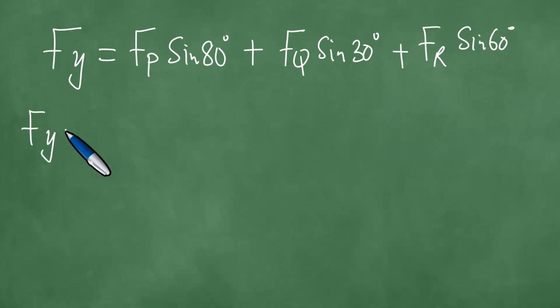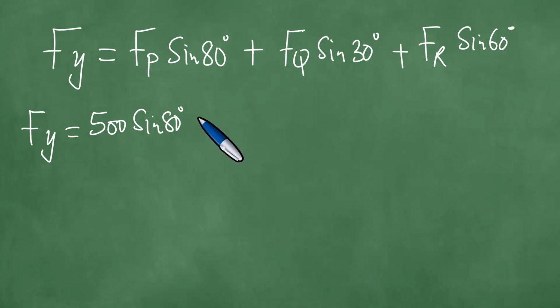So you have Fy. For Fp, we saw that force Fp is 500 newtons times the sine of 80 degrees. Force Fq is exactly 200 newtons times the sine of 30 degrees.